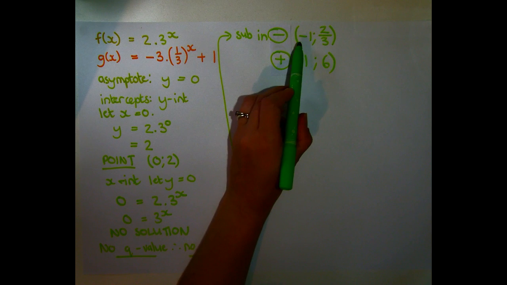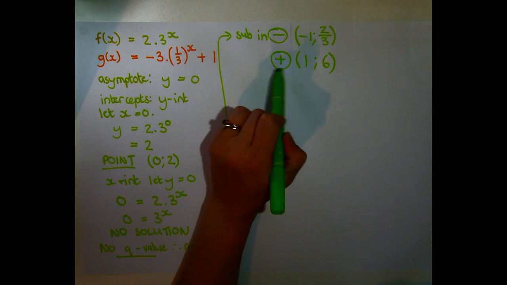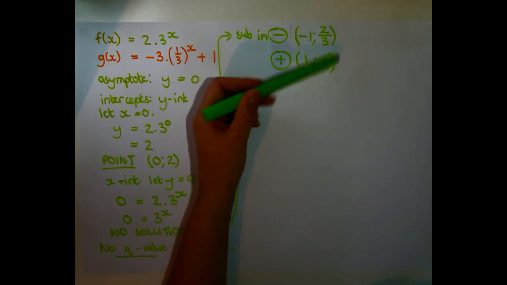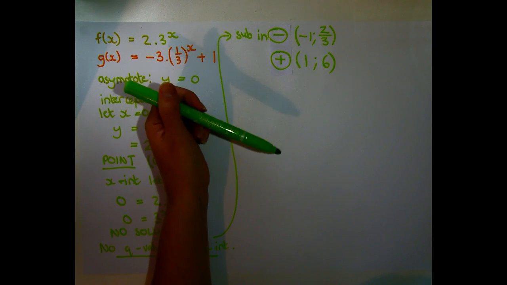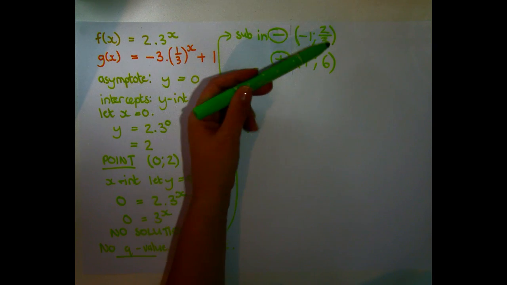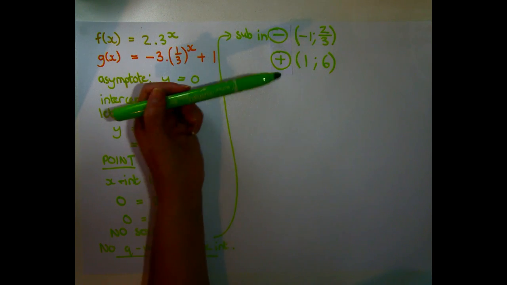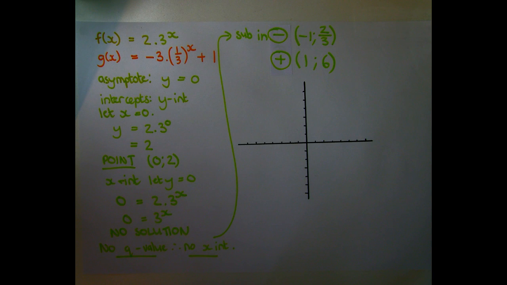I'm subbing in -1 for the x value, and I get out 2/3 for the y. And when I sub in a positive value, I get out 6. If this doesn't work with something I can actually plot, I might try -2 and +2 and play around until I get something I'll be able to plot. But I can estimate 2/3, and if I can't estimate accurately, I can definitely label it accurately, so that'll be fine. Now I have enough points to plot this graph.